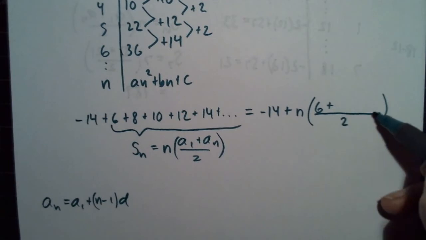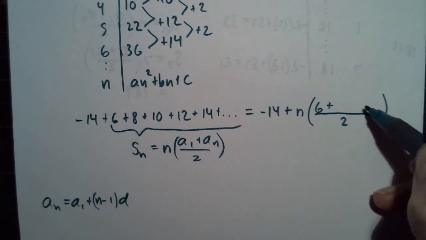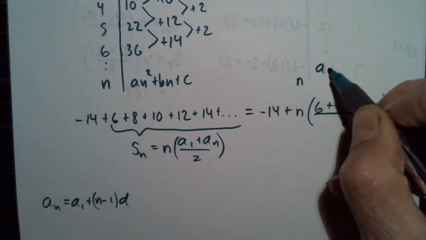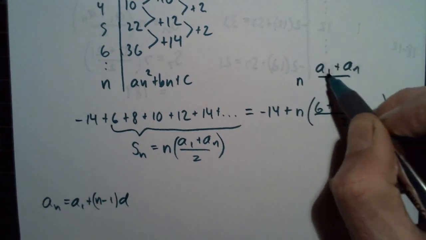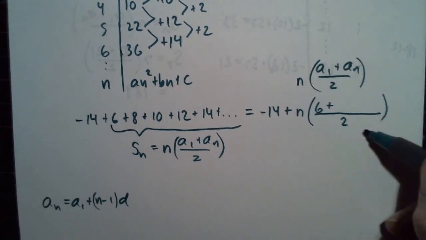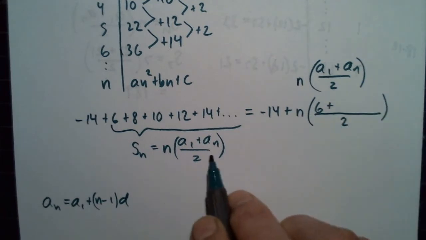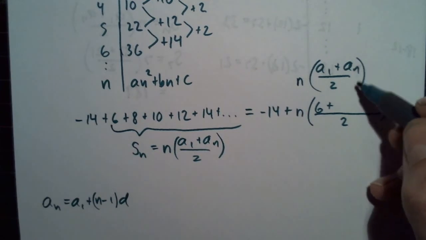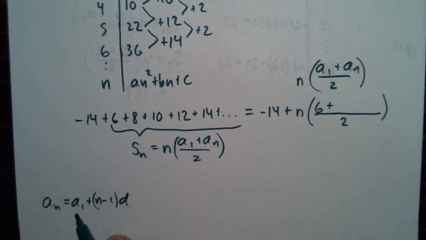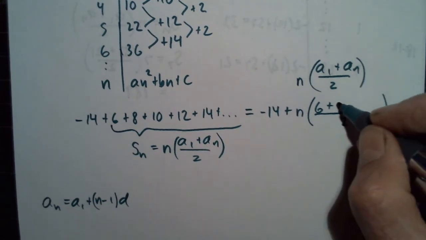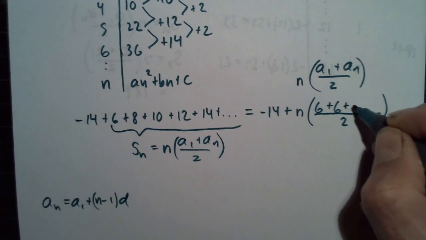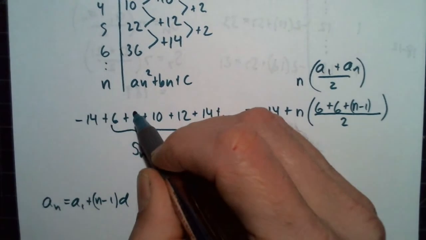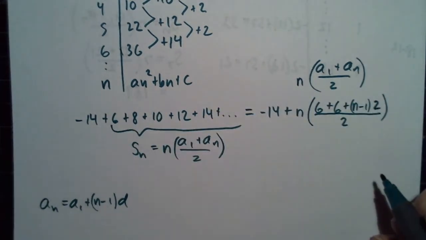So right here is going to be an, because we are looking at this, n, a1 plus an over 2. This part of the formula is this. A1 we know is 6. An we're going to represent with this formula, a1, so we have another 6 plus n minus 1, and d, the common difference, is 2.